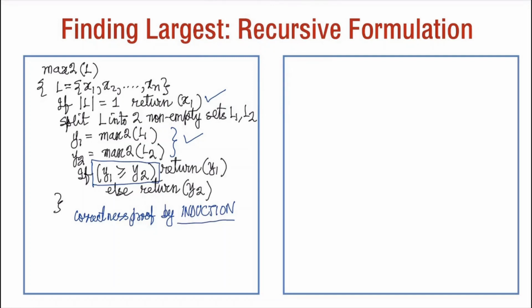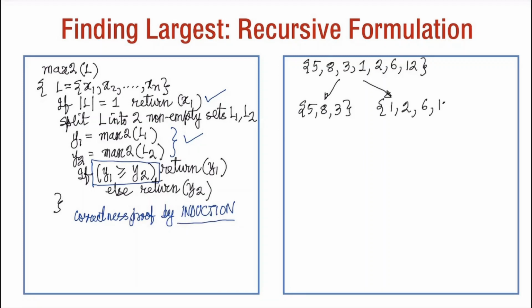So let us split it up. Let us again get our same example, and let us split it into two parts. Now we split it into two parts. This again we split into two parts, and I am choosing some sort of a split.